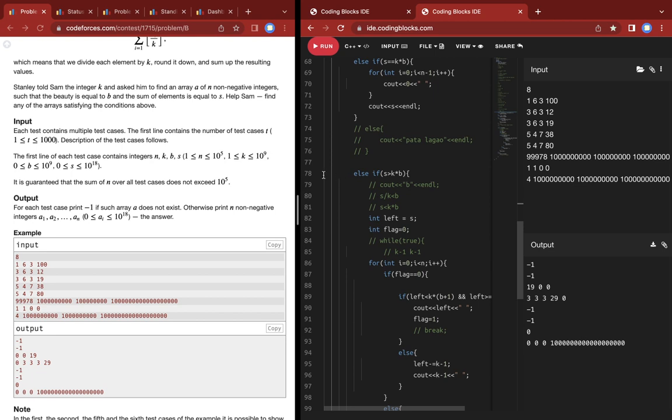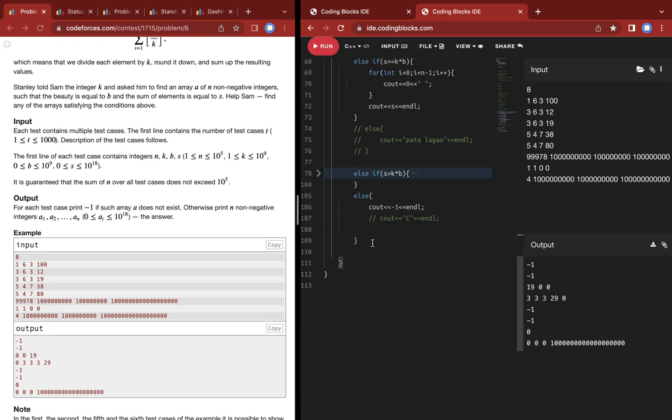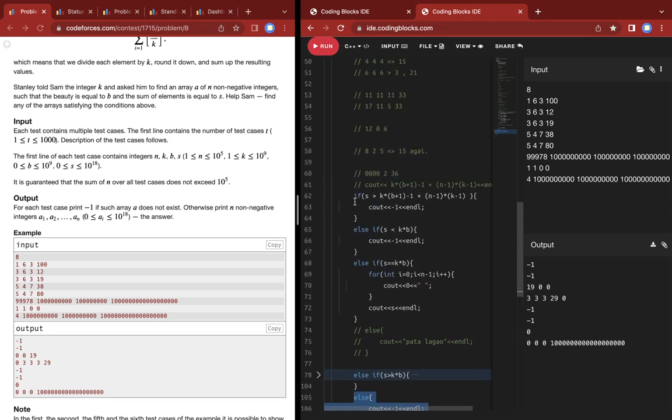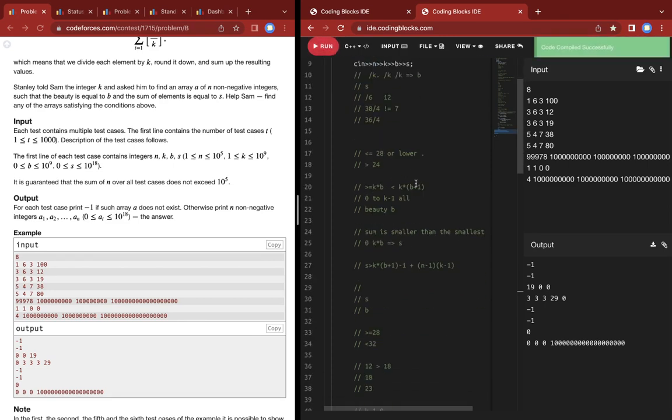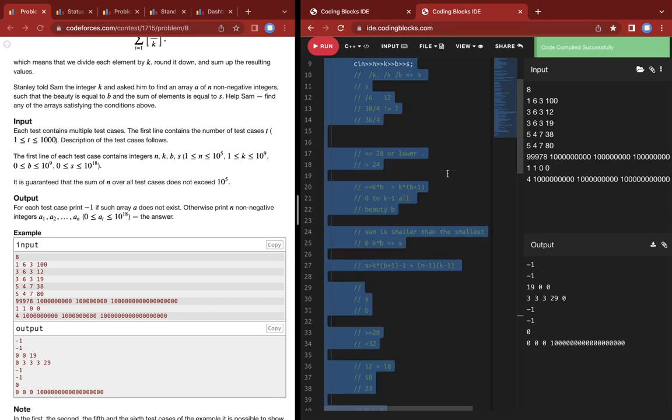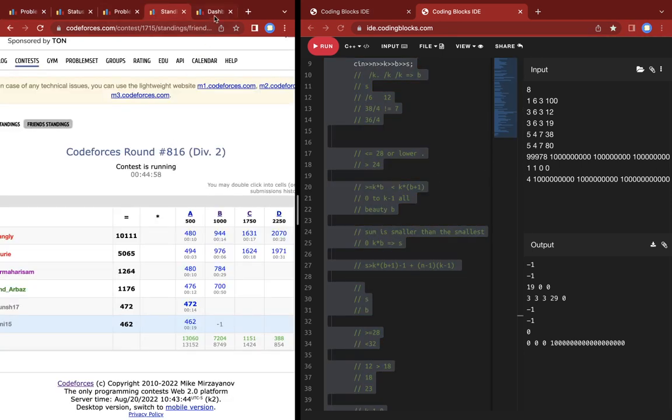Now I'm gonna submit this and get an AC. I'm gonna get an AC. There is no else statement required. So this is what has messed up our relationship with God. What am I saying? So this was the error, I guess.